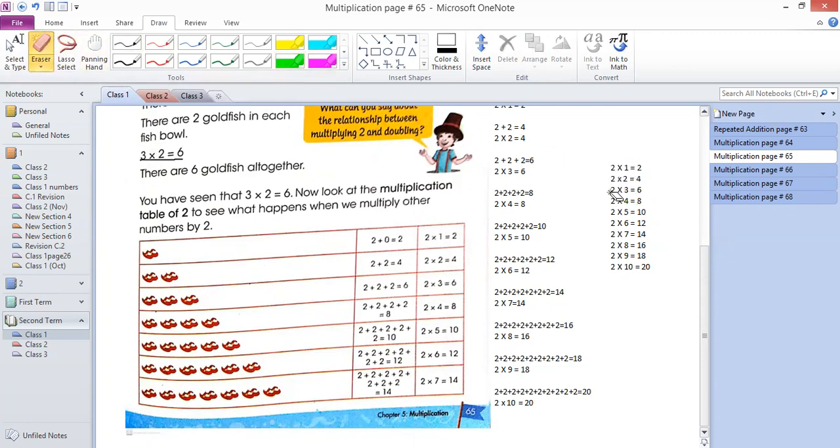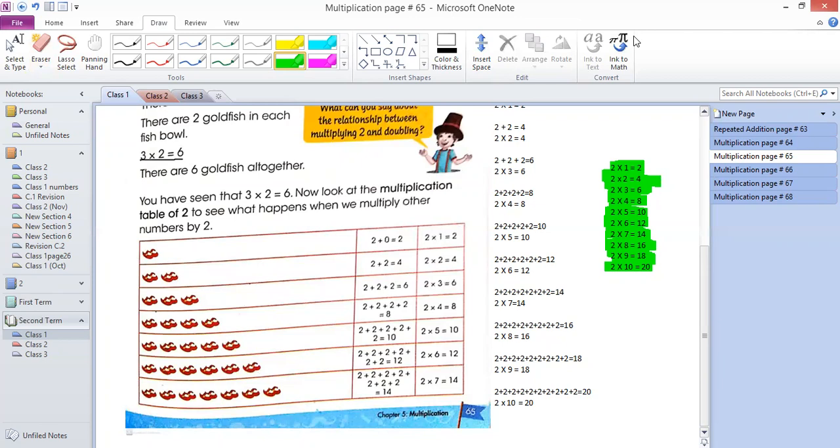Let me erase it, then I will highlight it again. 1 times 2 equals to 2, 2 times 2 equals to 4, 3 times 2 equals to 6, 4 times 2 equals to 8, 5 times 2 equals to 10, 6 times 2 equals to 12, 7 times 2 equals to 14, 8 times 2 equals to 16, 9 times 2 equals to 18, and 10 times 2 equals to 20. So this is the table of 2.